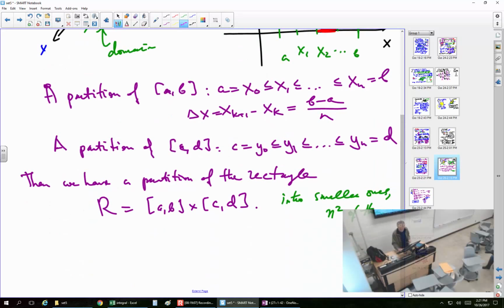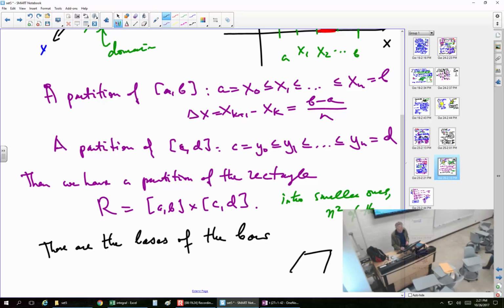These are the bases of the bars. They're standing bars, and what's missing is the heights.